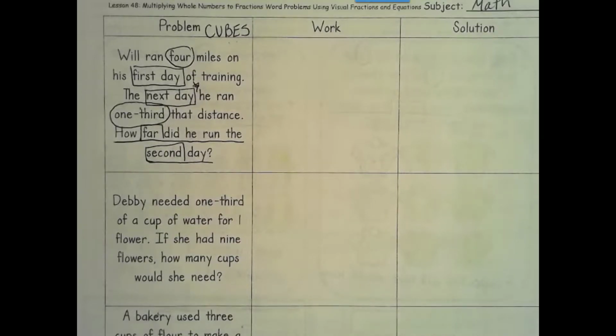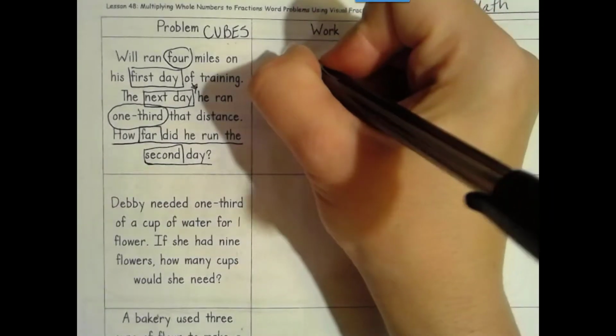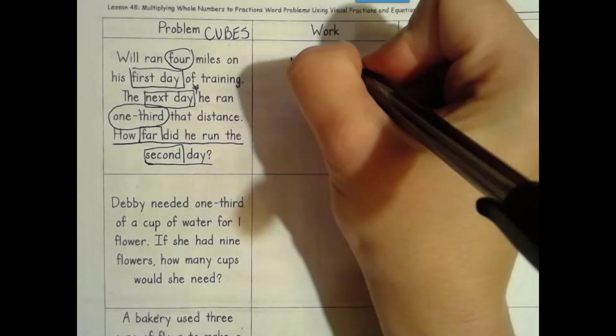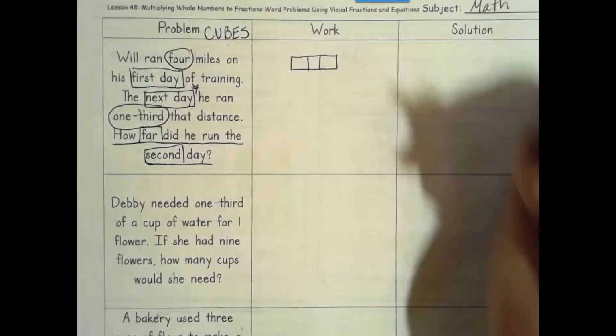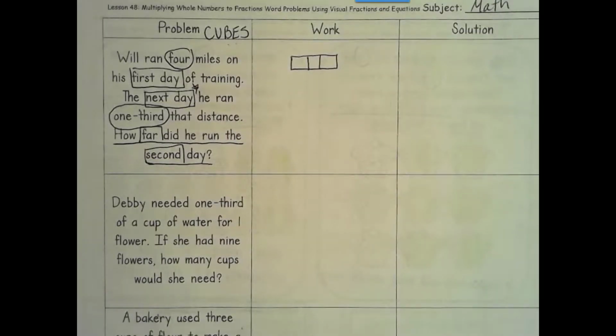So we are going to solve this problem using our model. So I'm going to represent each of these miles with a rectangle cut into 3 equal pieces because we're talking about 1/3.